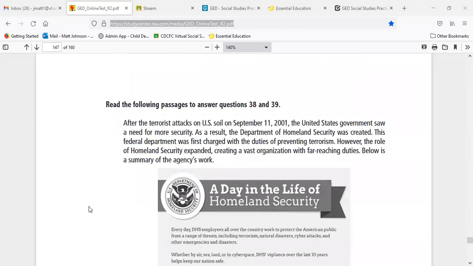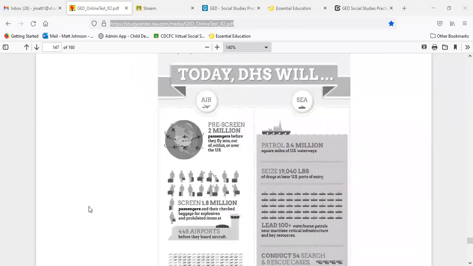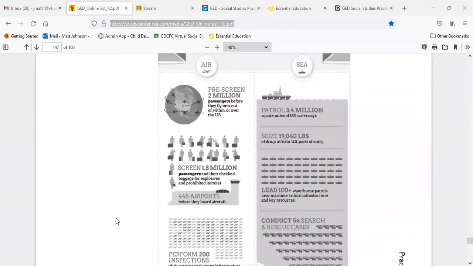All right, 38. Okay, so a little bit of a passage here and some information. Infographics is something that I think we talked about a little bit. We had maybe one lesson on it. So it's just another way to look at information in a graphical format where it's not necessarily a map, and not necessarily bar charts or line graphs.